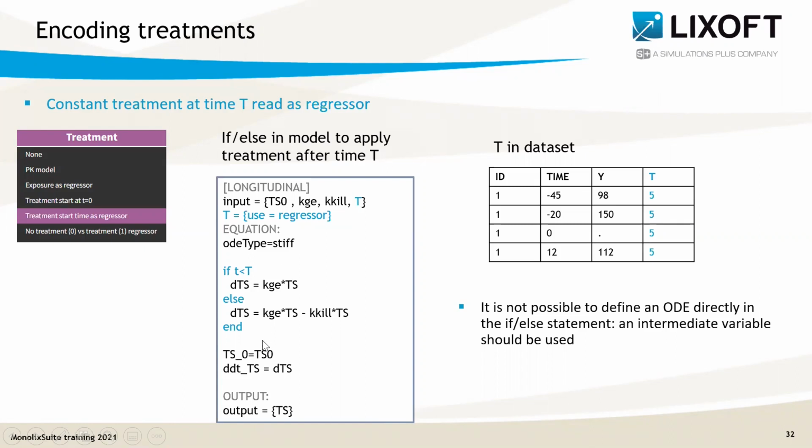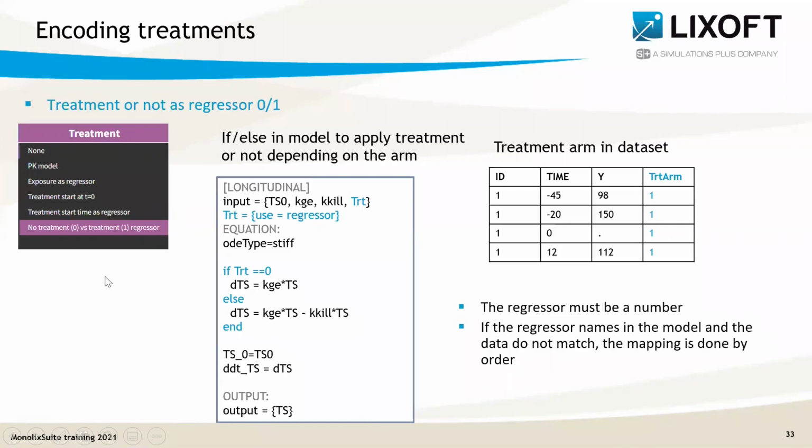So this is what is encoded for this option in the library. And finally, the last option that is proposed is to apply the constant treatment effect or not, depending on the value of a regressor in the data set. That can be constant or not in time for each individual.